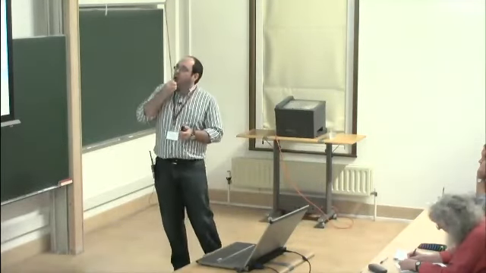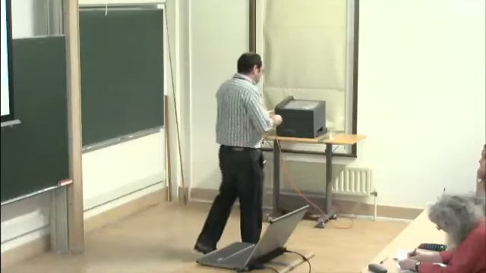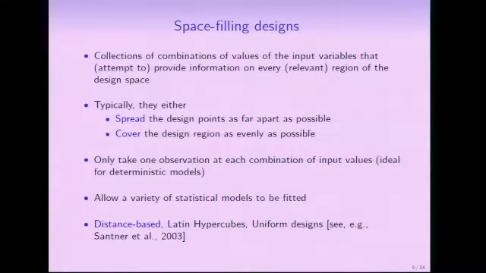So we've heard quite a lot in the day and a bit already about space-filling designs, but essentially we're looking to find a collection of combinations of the input values which provide information, or attempt to provide information, about all the relevant regions of our design space. And there are lots of different types of space-filling designs.